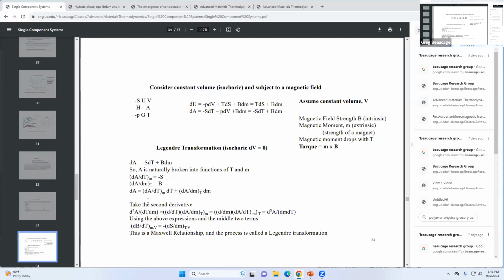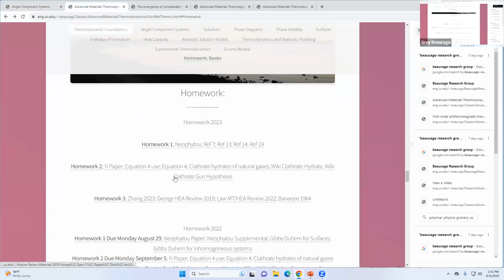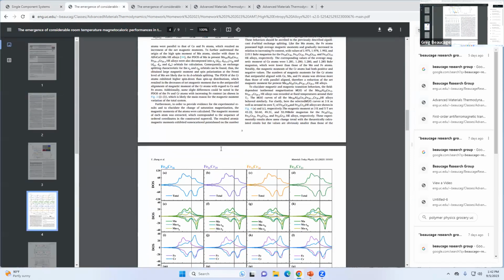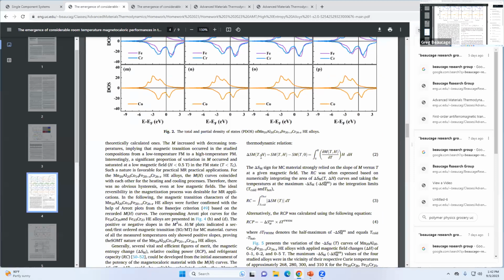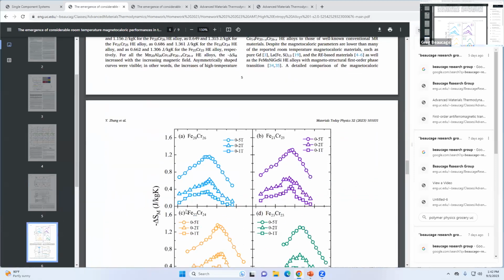So the question is, he's trying to find, in this paper, let's see. Let me just go back to that. So he's trying to find, there's a plus here somewhere. He's trying to find this delta S, because that will be a definition of his second order transition.